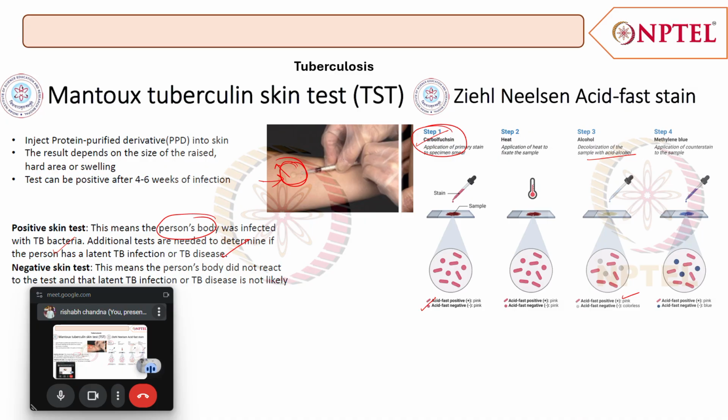Now we apply methylene blue, which is a counterstain. All the bacteria that are acid fast negative will now be stained with methylene blue, but all the positive bacteria will be stained with carbol fuchsin.